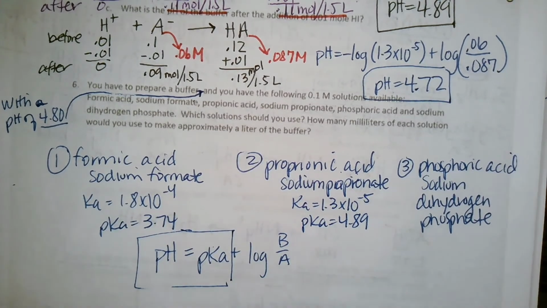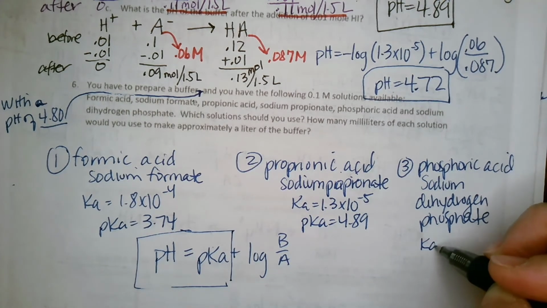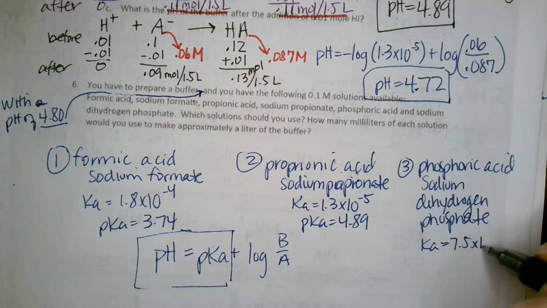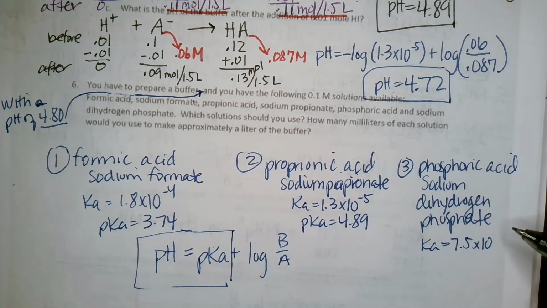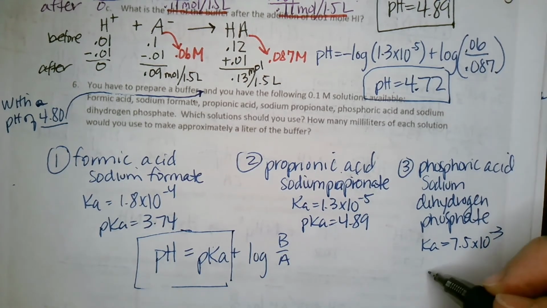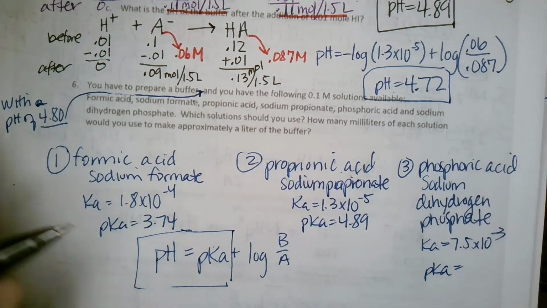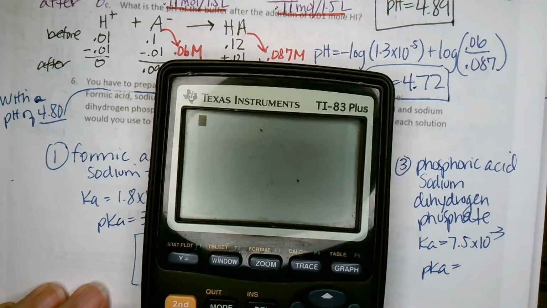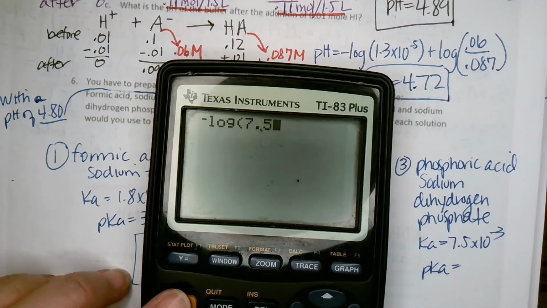And let's look up phosphoric acid. Phosphoric acid, we use the K1 value, 7.5 times 10 to the negative 3. So the pKa would be the negative log of 7.5 times 10 to the negative 3.